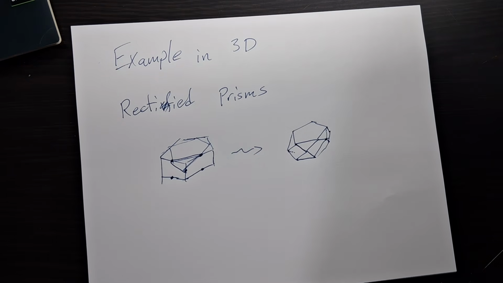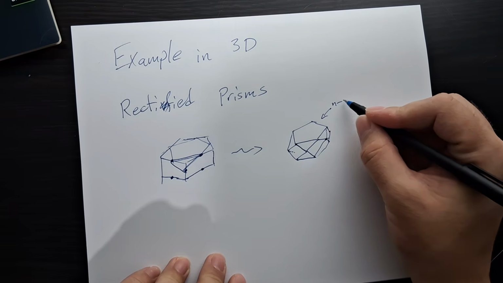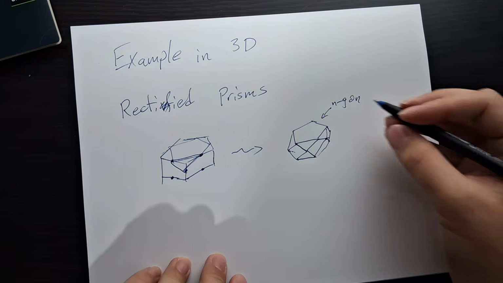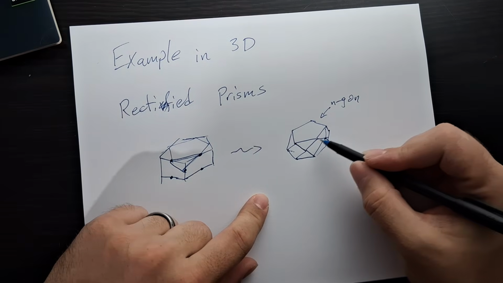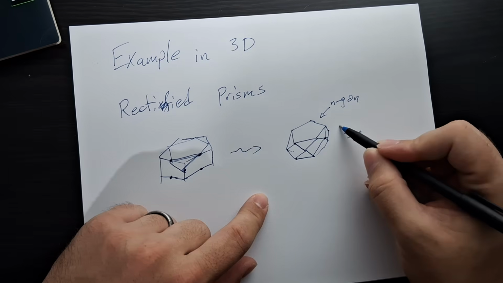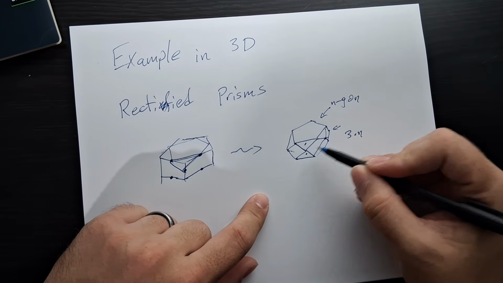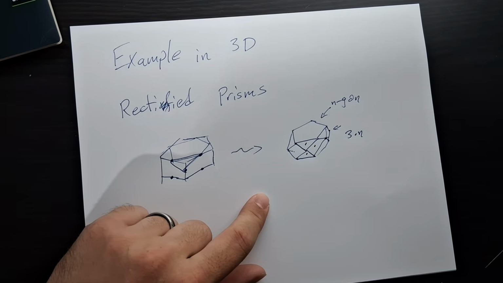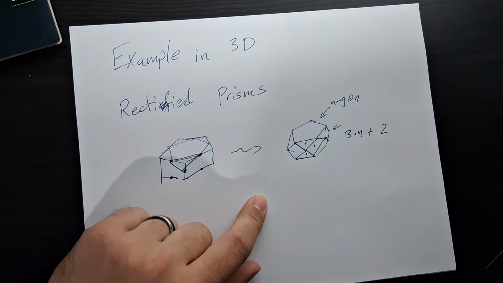We'll have a new polyhedra that looks like this. If we have an n-gon, how many sides will this have? We will have 3 times n going around the sides, because we have this side, that side, and those, and just copy n of those going around, plus the top and the bottom.